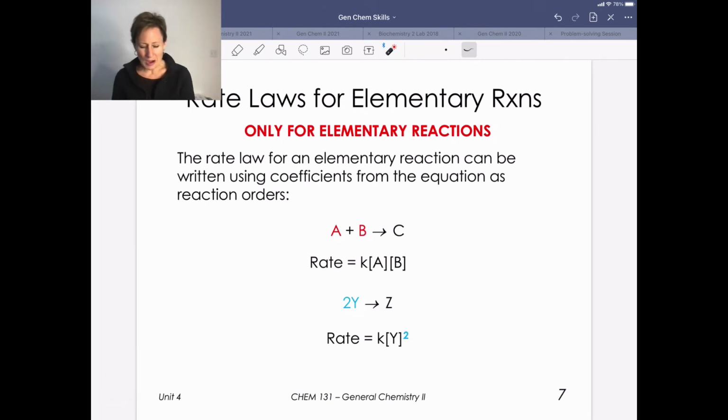One other thing to talk about. Remember when we were doing our rate law stuff and I told you don't ever take coefficients from a balanced chemical equation and make them exponents in a rate law?